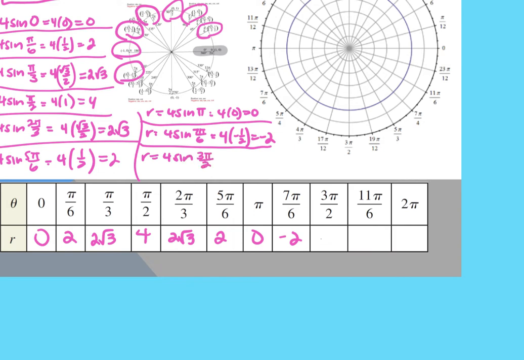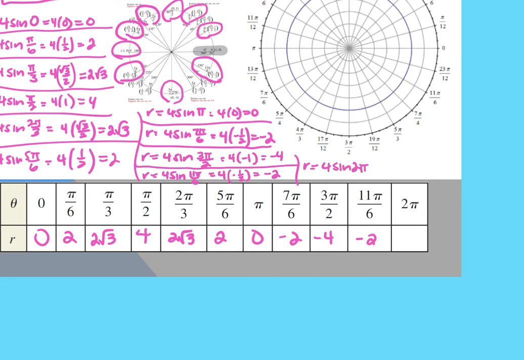Yeah. 4 sine 3 pi over 2, at 3 pi over 2 sine is negative 1. 11 pi over 6, sine is negative 1/2. And last but not least, 4 sine 2 pi, sine at 2 pi is 0.